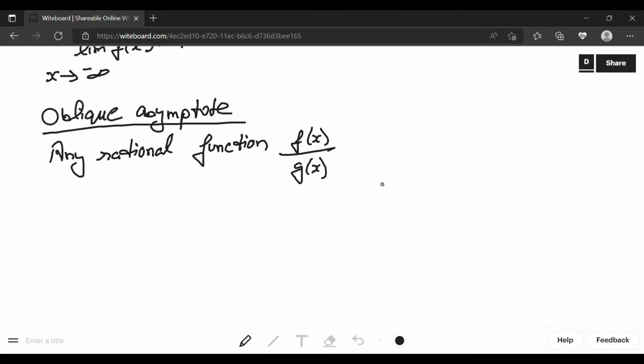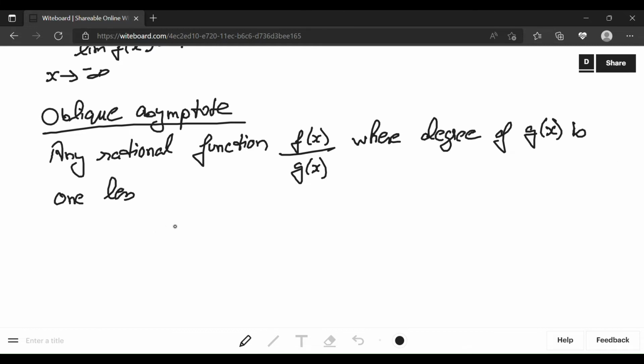Where the degree of g(x) is 1 less than the degree of f(x), in this case of a rational function, we have an oblique asymptote.